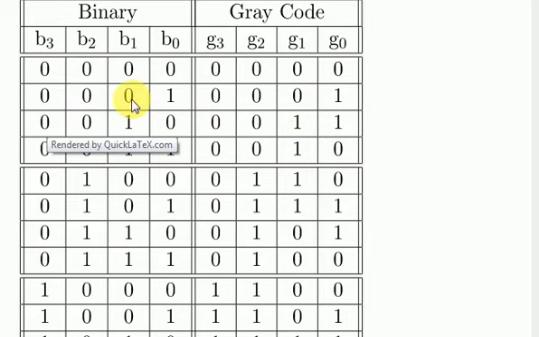In the next combination, one input is 0 and the other input is 1. Whenever we exclusive OR 0 1, the output is always equal to 1. As I told before, in exclusive OR, the output is always 1 when there is an odd number of 1s. Here is an odd number of 1s, so the output is 1.